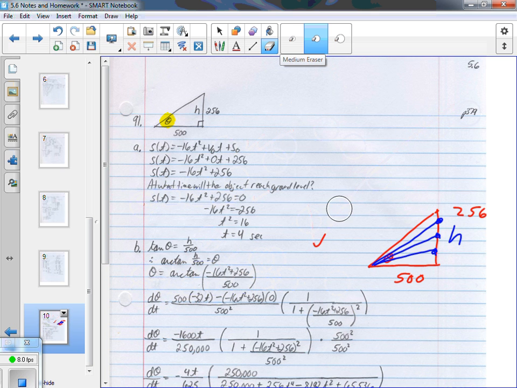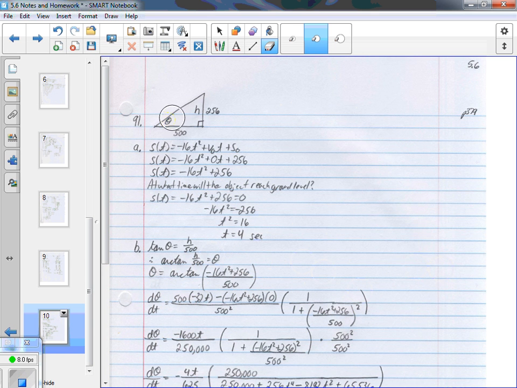equals. All right, so quotient rule. The bottom, 500, times the derivative of the top. The derivative of negative 16t squared is negative 32t, minus the top, negative 16t squared plus 256, times the derivative of the bottom, 0, over the bottom squared, 500 squared. All right, so, oh, wait. That's the derivative of u.